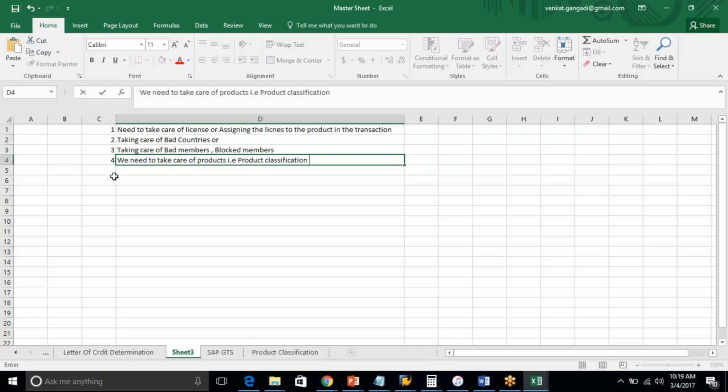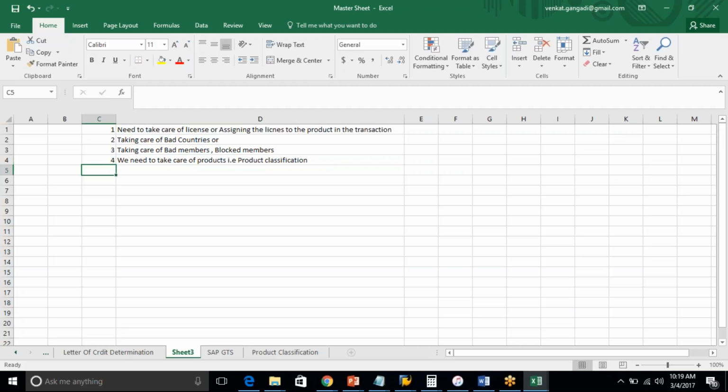Okay, and then what else? What else can you think of? Let me give a clue. Let us say you take care of the license, and you take care of the country. Let us assume you verified what license is required, and you assigned the product license to the product in the transaction.